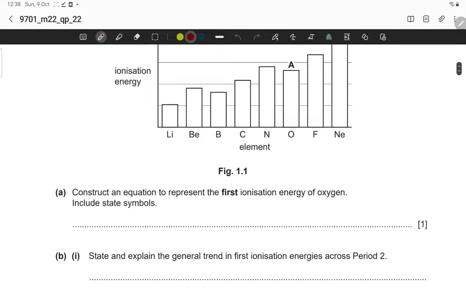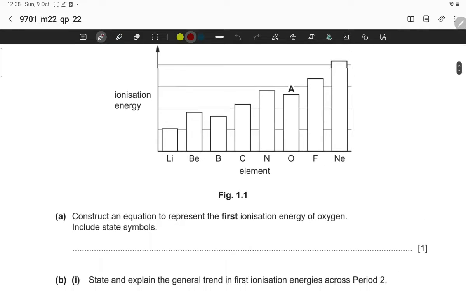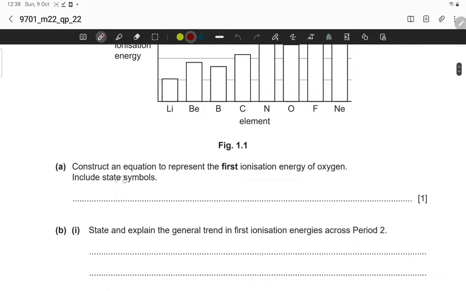Part A: construct an equation to represent the first ionization energy of oxygen, include state symbols. This is oxygen. So first ionization energy: oxygen gas gives O+ gaseous plus 1 electron.